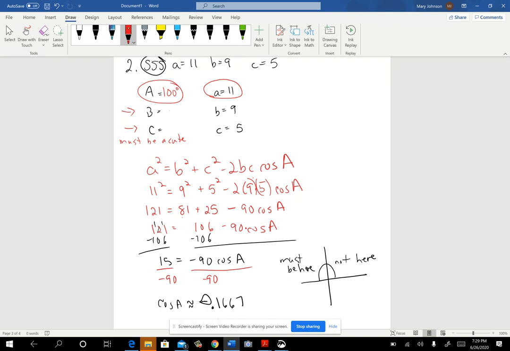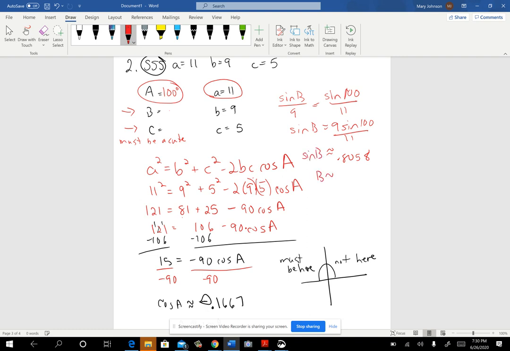So for instance, to find angle B, you would do sine B over 9 equals sine of 100 over 11. And so sine B would equal 9 sine 100 over 11. And so the sine B turns out to be about 0.8058.